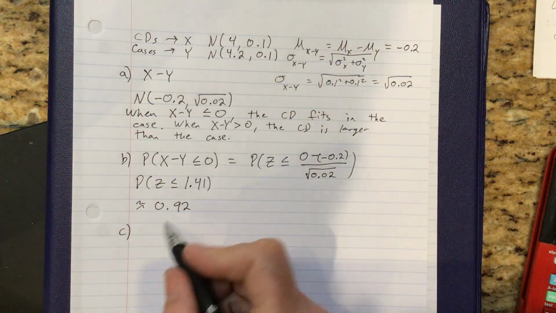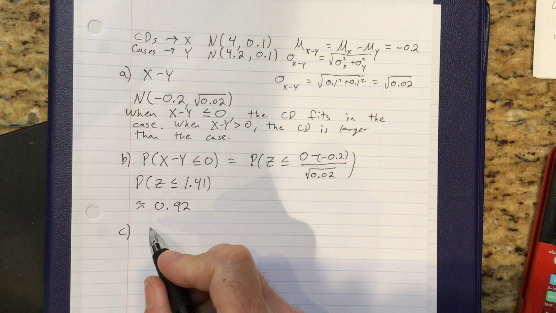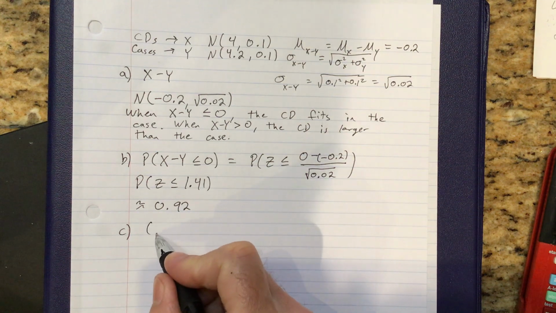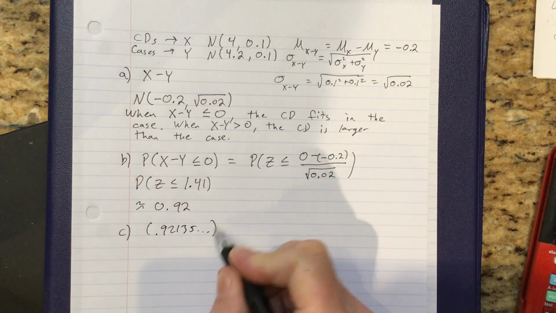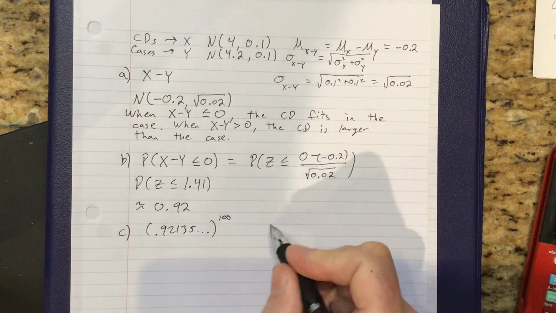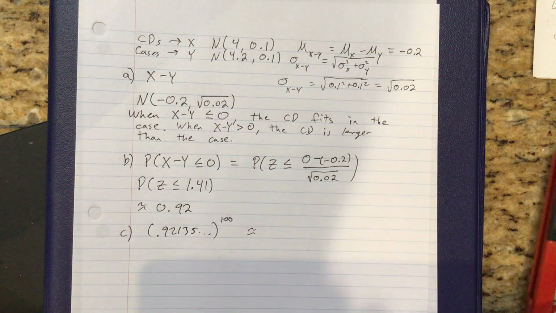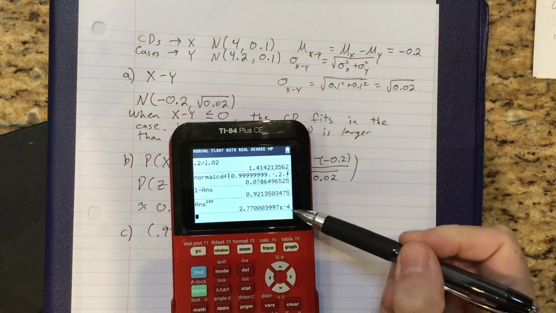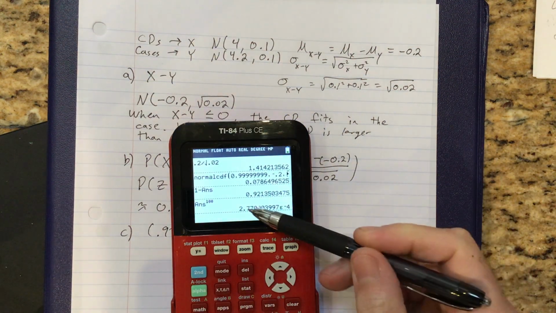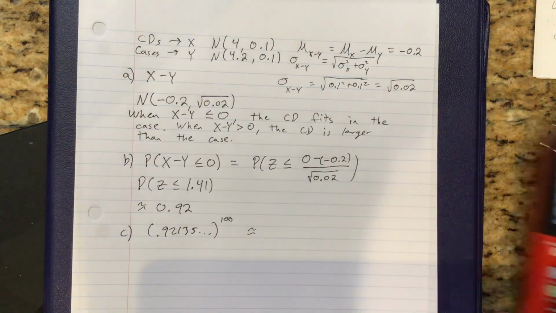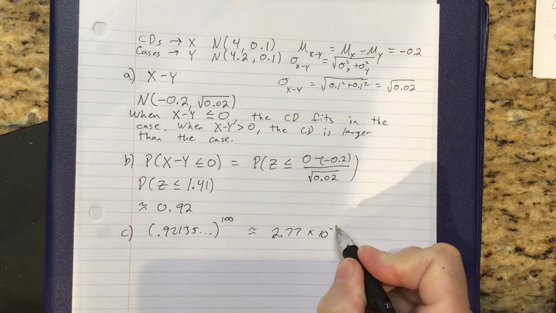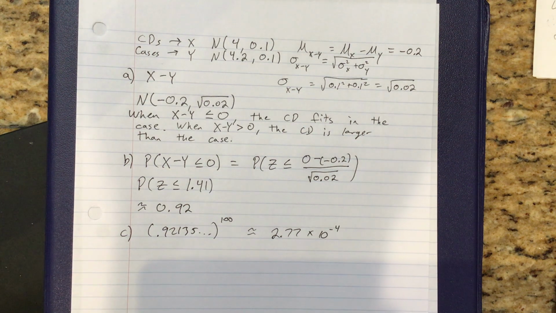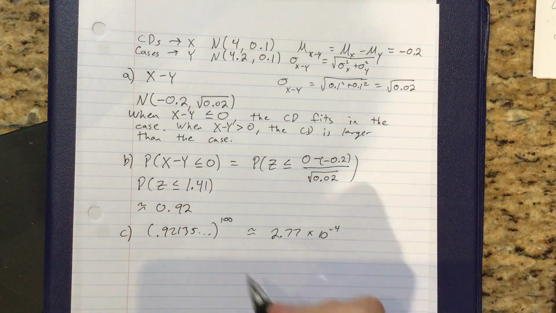So I guess I'll write this with a little bit more decimal places. So we get, and again, some of you are a little unfamiliar with your calculator, that's scientific notation. So it's 2.77 times 10 to the negative 4. So in other words, a pretty low probability that they all fit, right?